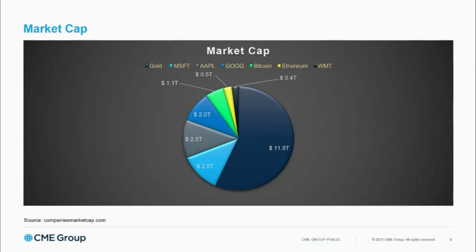When you put that into perspective, Ether at 400 billion market cap is just around the same size as Walmart. Walmart, I believe, is the 20th largest company by market cap in the world. So these markets are enormous, and the potential here is enormous.